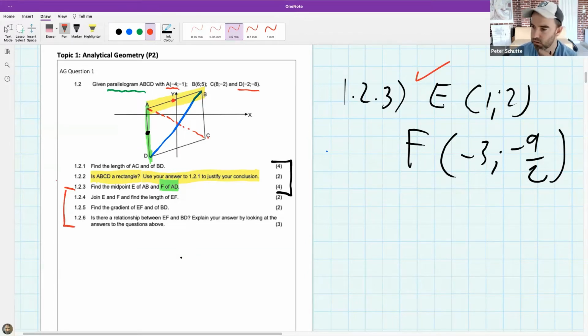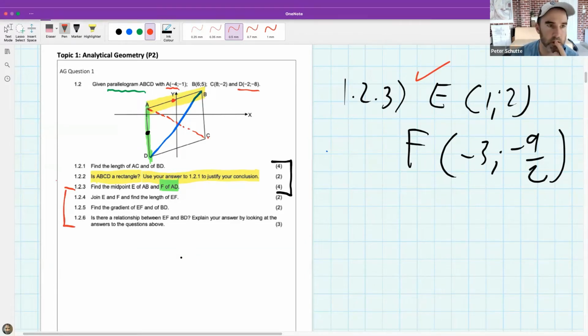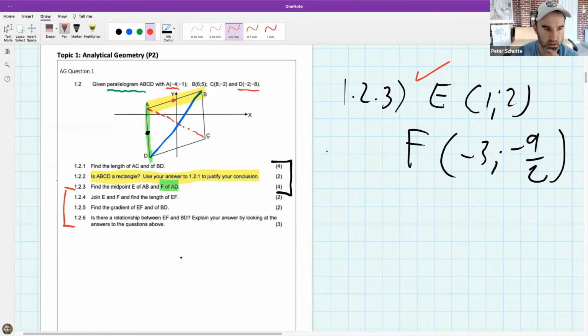Kosi is asking if you can please explain 1.2.3. Okay. So while the others are working on stuff, 1.2.3 says find the midpoint E of AB. So that would be here, and that's the point E. To find E, I need to find the points that make E, which is A and B. So I'm focusing on these two.